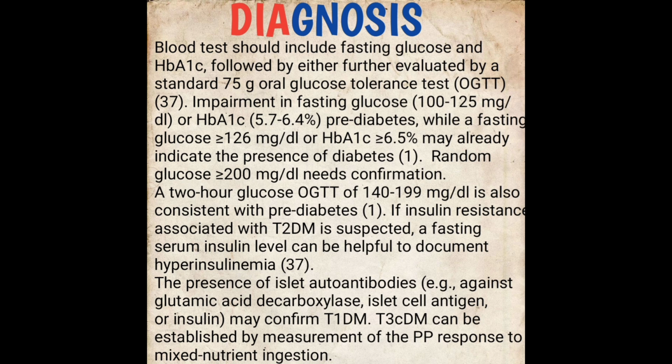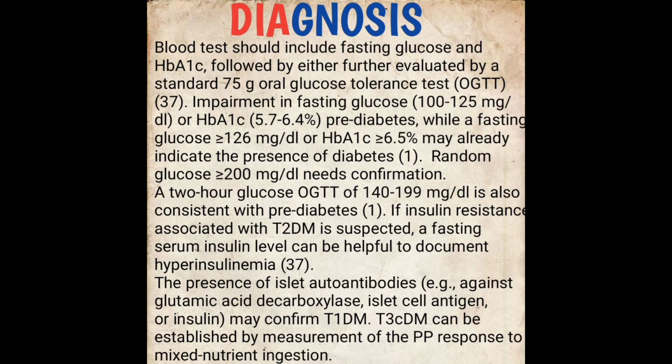Where there is impairment, the values you get could even indicate that the person is pre-diabetic, and lifestyle and what have you should be changed, advised, possibly. While a fasting glucose of 126 or thereabout may already indicate the presence of diabetes, just for extra care, lifestyle especially, to avoid dysglycemia, eating too much or alcohol intake should be reduced.